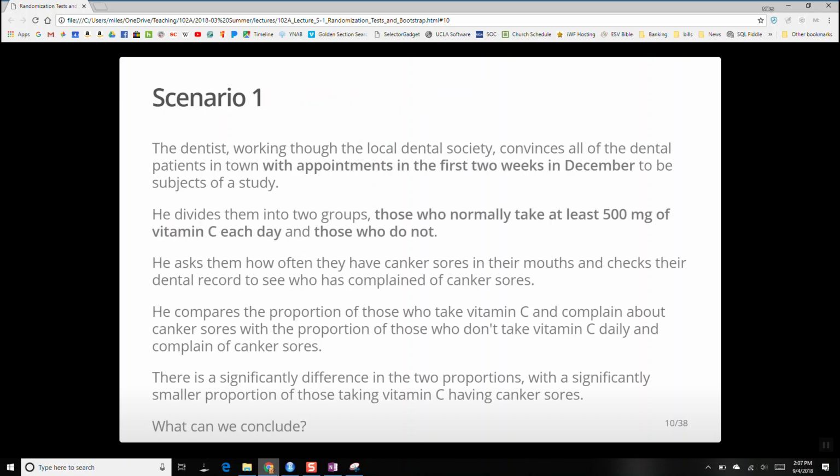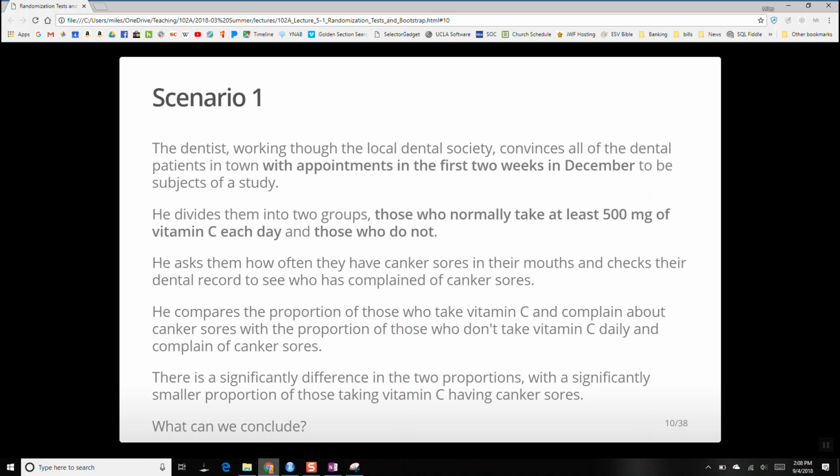All right, so here's our first scenario. The dentist working with the local dental society convinces all of the dental patients in town with appointments in the first 2 weeks in December to be subjects of a study. So he says, let's look at who's got appointments in the first 2 weeks of December.